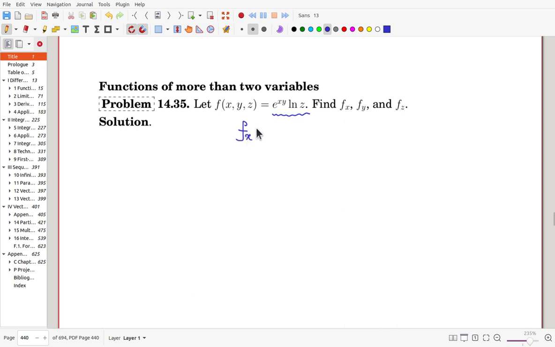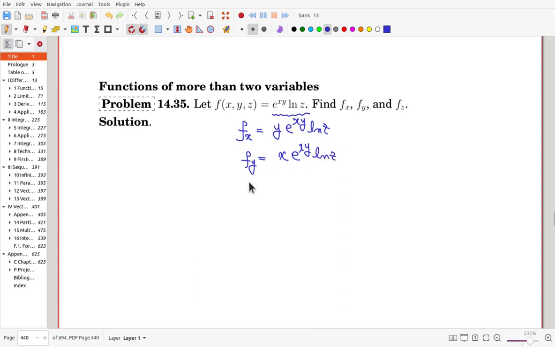Now exactly the same way, we consider y and z as constants. Then here, this is constant, y is constant, and the x derivative will make an extra y, e to the xy, and logarithm z. Now we have f sub y. This time we consider y the only variable, and x and z are constants. Okay, for that one, the y derivative, and x will come out, e to the xy, and logarithm z.